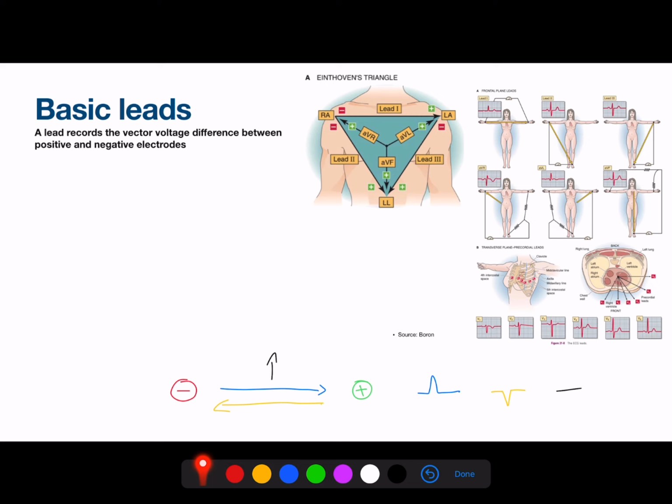And when it goes from positive away towards the negative, we have a negative deflection. And if it goes perpendicular to the lead, then the line on the ECG is isoelectric.